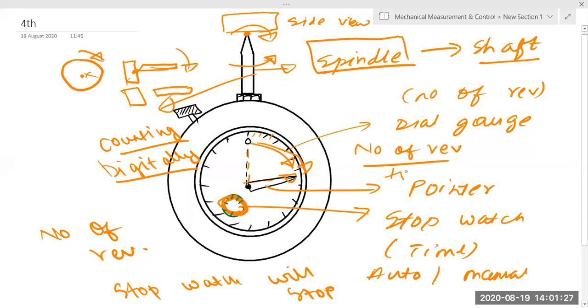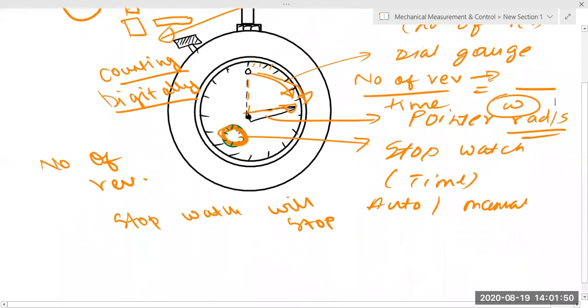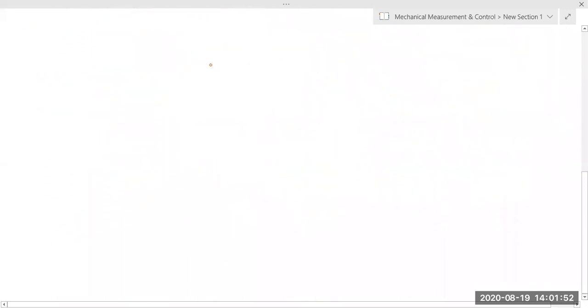If I know the number of revolutions and the time, the number of revolutions can be converted into radians, that is not an issue. The number of revolutions per unit time will automatically give me angular velocity in radians per second. Done. This diagram that we have seen is called a hand speed indicator.